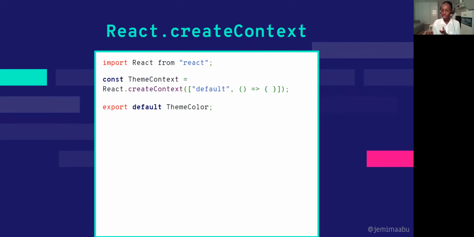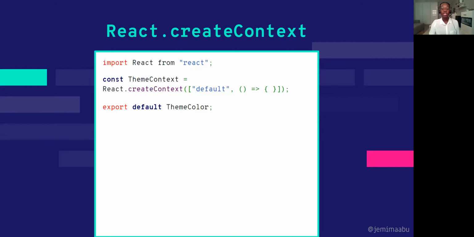I feel like this makes more sense to explain at the end, but basically this is just how I would have created a context. This should say export theme context, not theme color. So yeah, this is basically how I'd have created a context for a simple application.